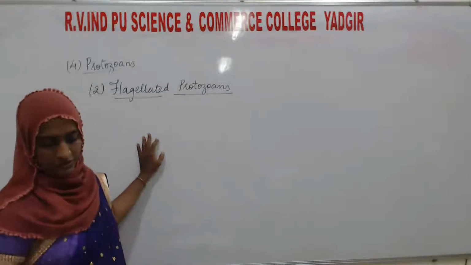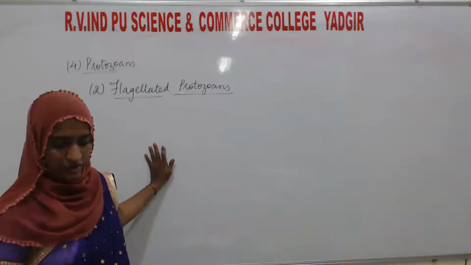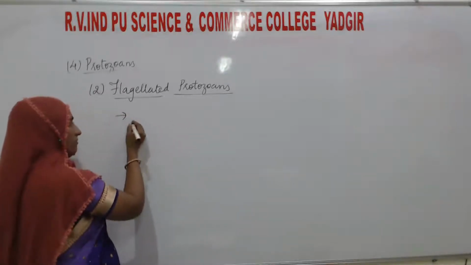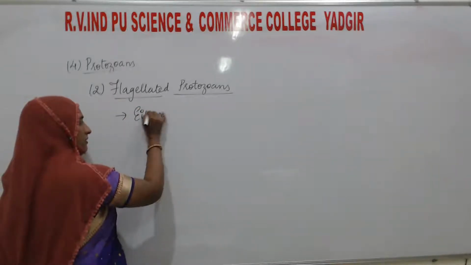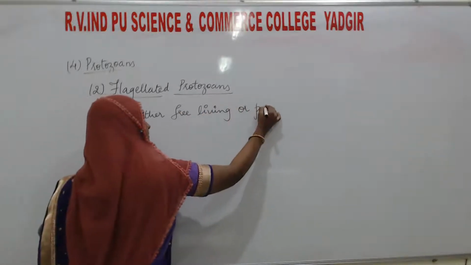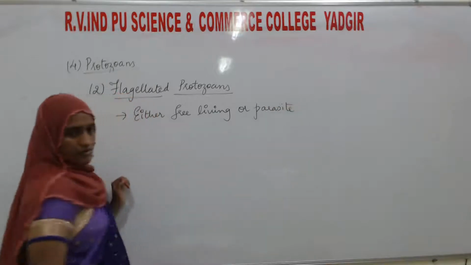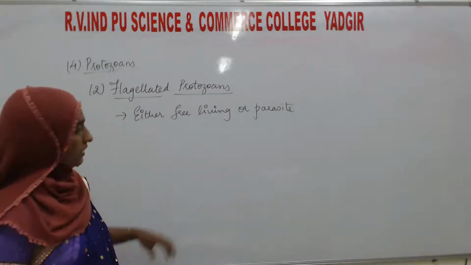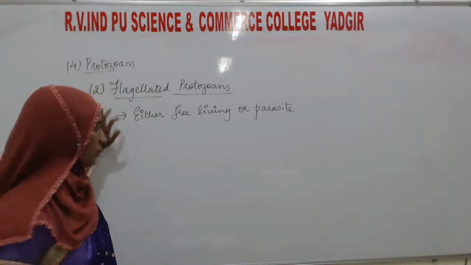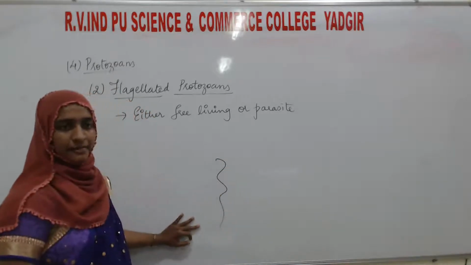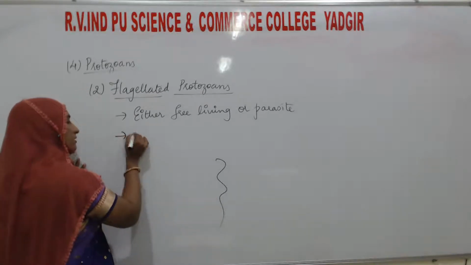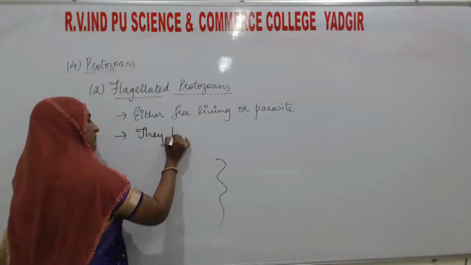The flagellated protozoans are either free living or parasitic. Free living means they are not parasites. By the name itself we can say they have flagella. Flagella is a tail-like structure which helps in the movement of the organism.